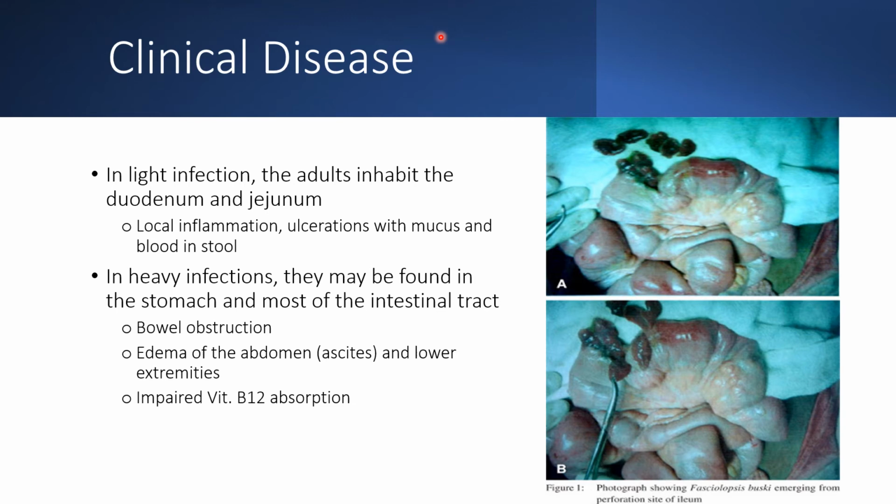Okay? So this malabsorption will end up impairing your vitamin B12 absorption. So this could lead to low vitamin B12 levels. Okay? So aside from this one, there is also a marked eosinophilia and leukocytosis.